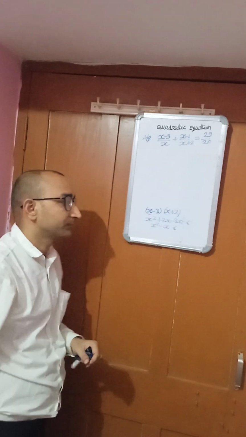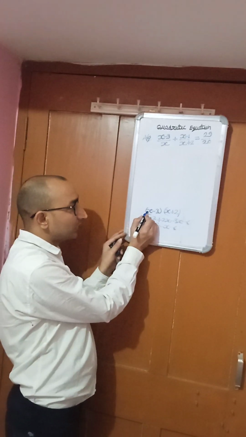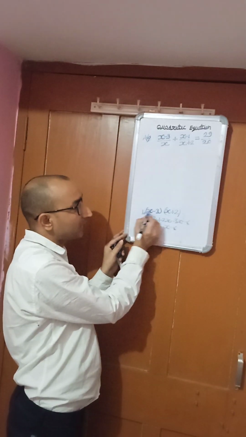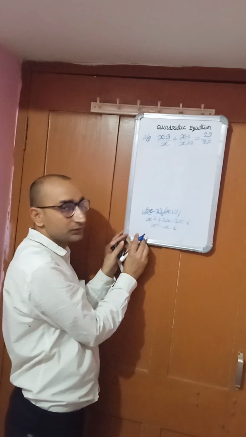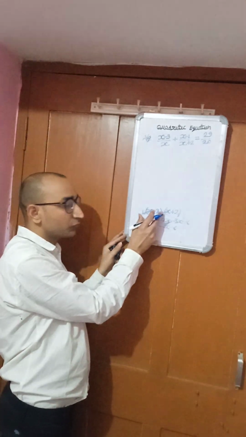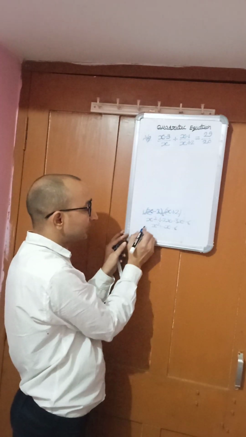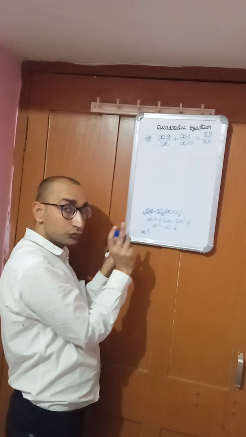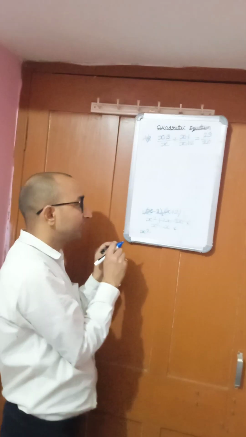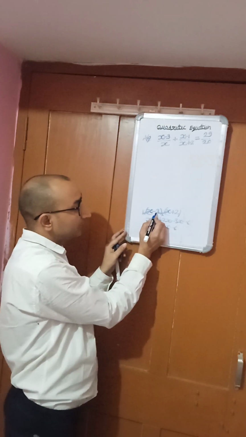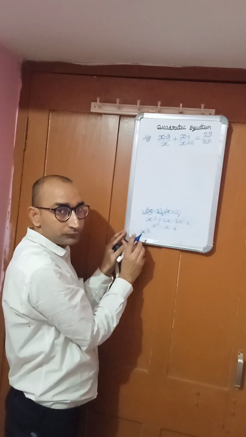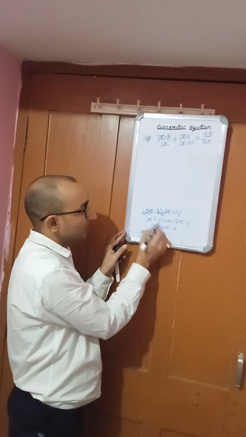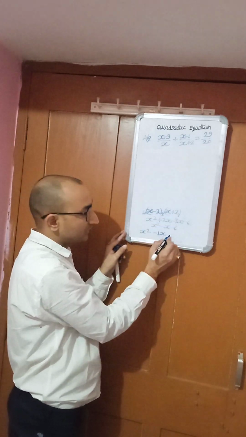One shortcut is there: if the coefficient of x is 1 in both brackets, write x square, then minus 3 plus 2 is minus 1, write minus 1x, and minus 3 times 2 is minus 6.